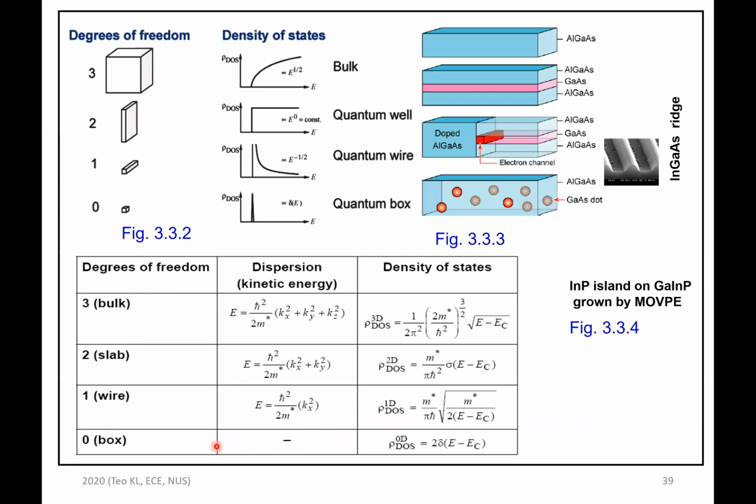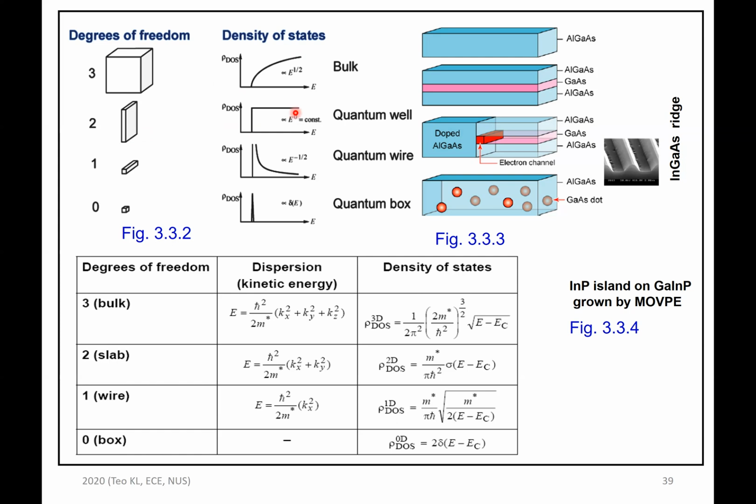Next, this is a summary of the degrees of freedom and the density of state. So 3 degrees of freedom is bulk semiconductors, the 3-dimensional case. The density of state goes like a square root dependence, as we have discussed before. For 2 degrees of freedom, that is the case of a quantum well, the density of state goes like a step function.